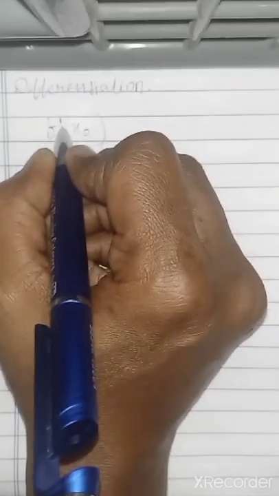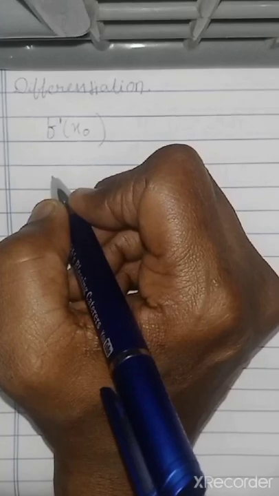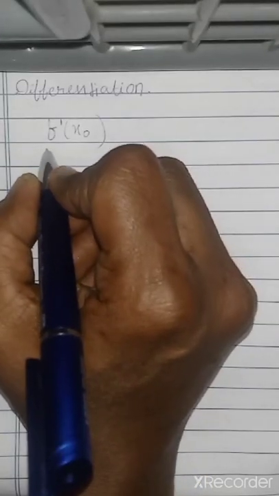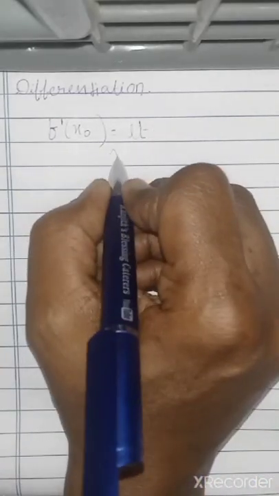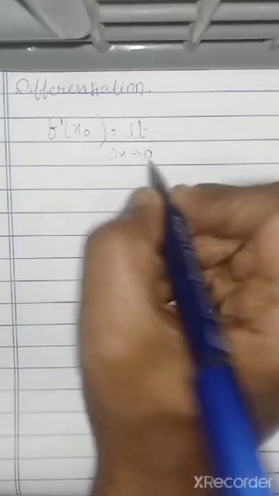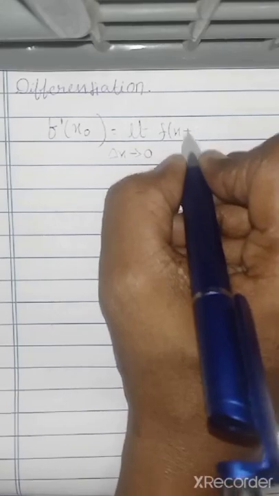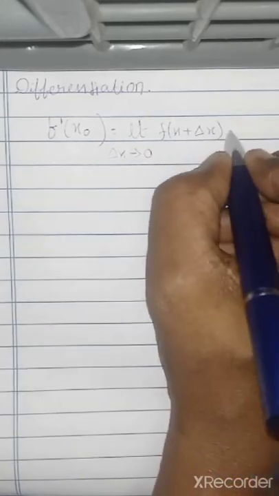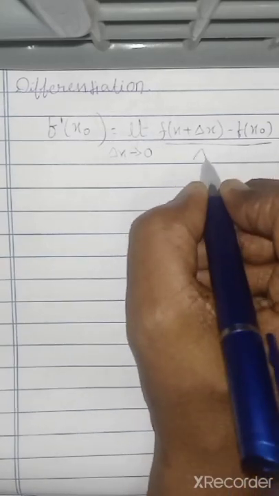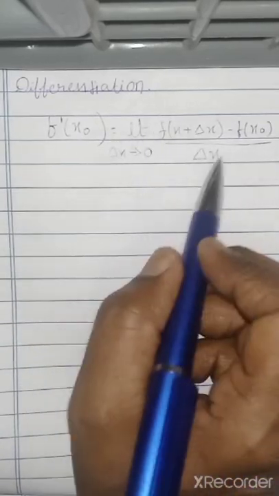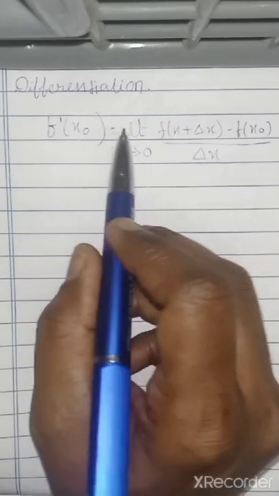This f dash is your derivative. Okay, f dash is your derivative. So f dash of x naught, you can write it as limit delta x tends to 0 of f of x naught plus delta x minus f of x naught divided by delta x. This is the definition of differentiation.